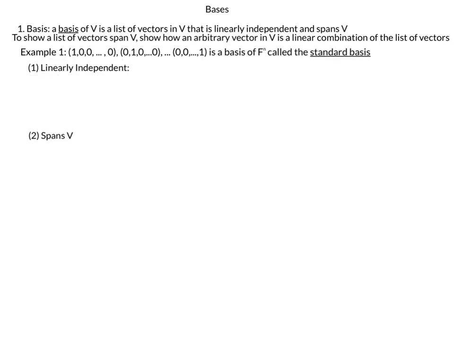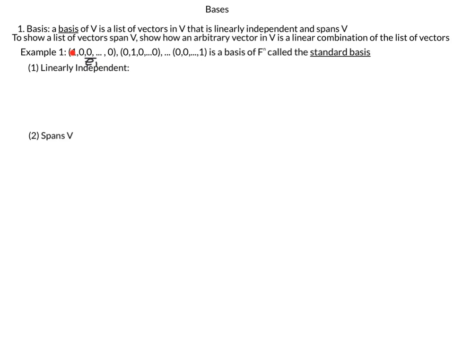The first example, we want to show that the standard basis of Fn is a basis, and the standard basis vectors have zeros in all positions except the ith position. So in other words, this is what we call e1. It's the first in our standard basis, and has zeros in all positions except the first.